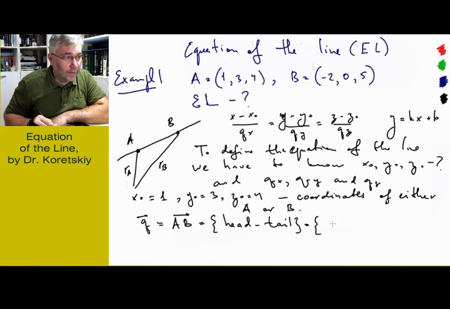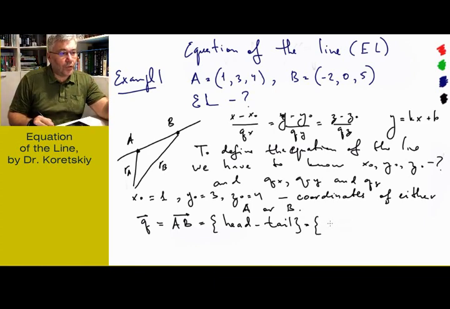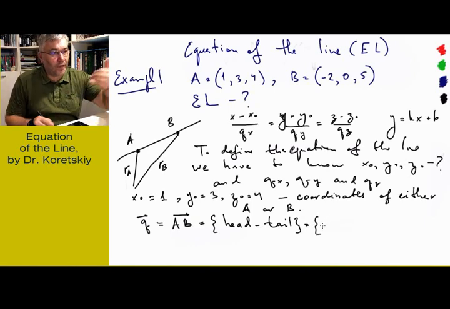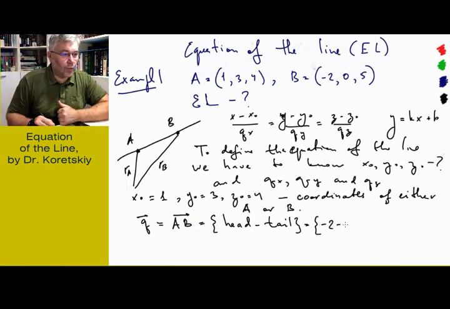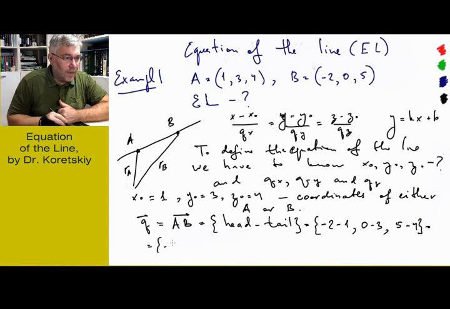So I can take the coordinates of the head B and subtract the A coordinates. So I have minus 2 minus 1, 0 minus 3 and 5 minus 4. Since that, I have minus 3, minus 3, 1.